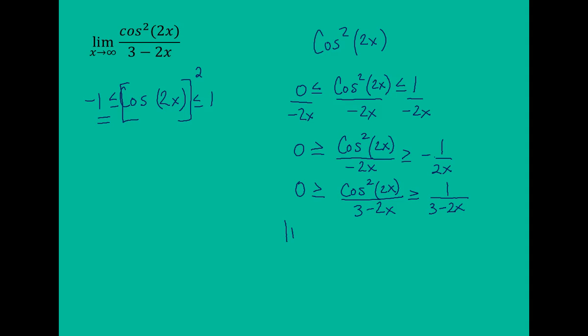so if we take the limit as x goes to infinity, we know the limit of 0 as x goes to infinity is 0.